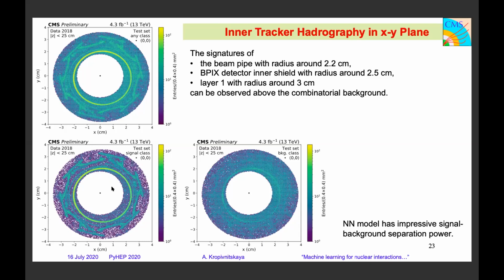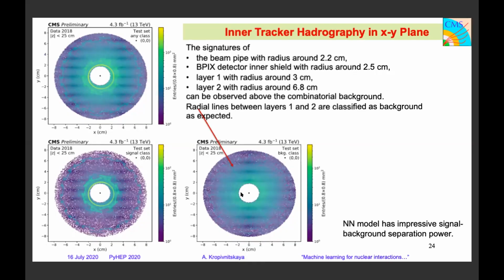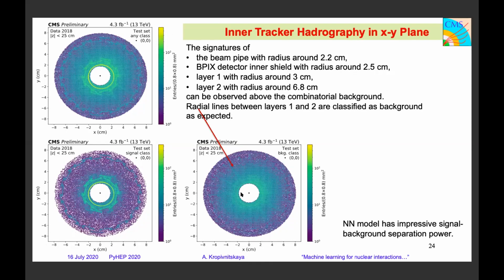The bottom left plot corresponds to classification with the signal class, and the bottom right is the background class. We have impressive separation, and we suppress a lot of background. We can also look at a more zoomed view, including layer 2, and you can see that between layer 1 and layer 2 we also clean the background very well.